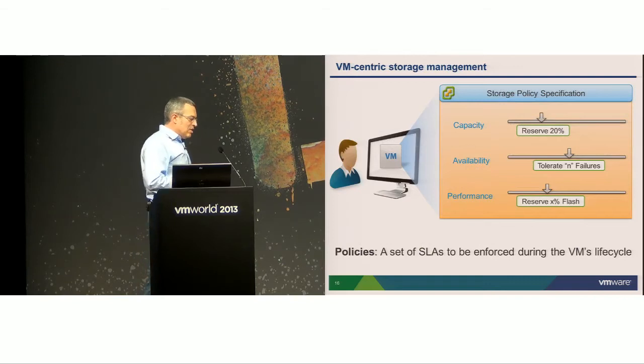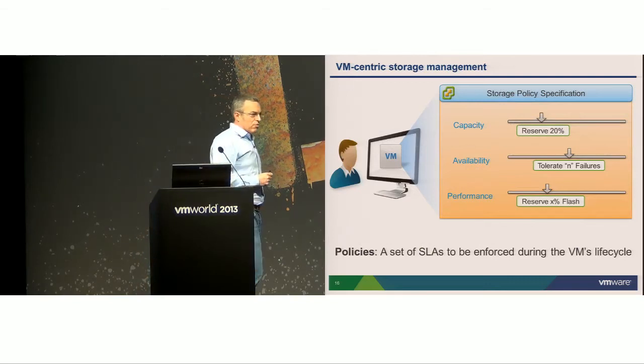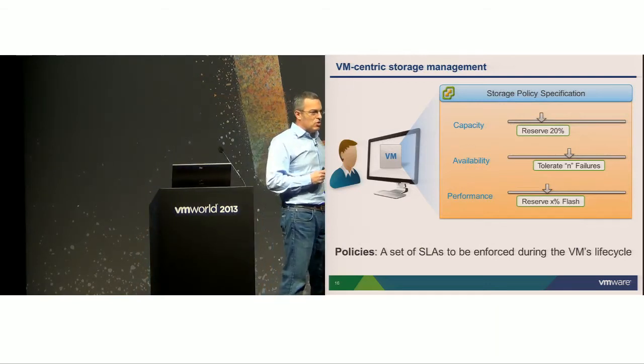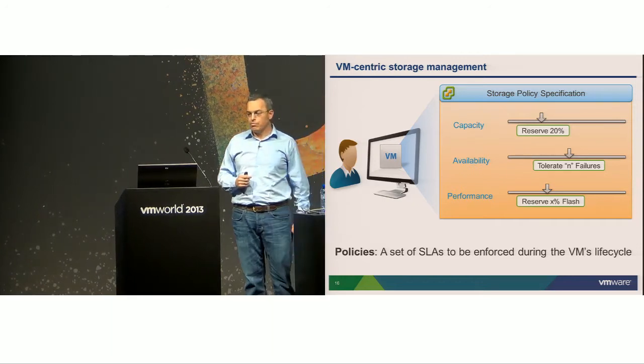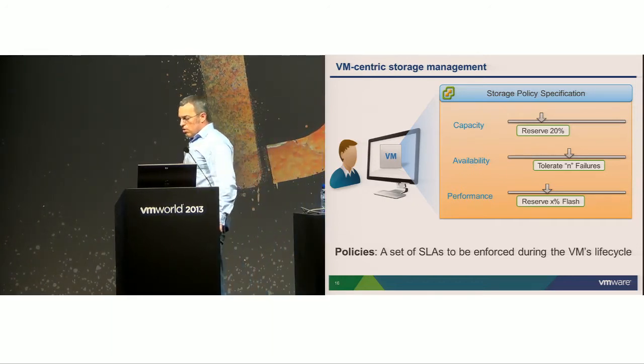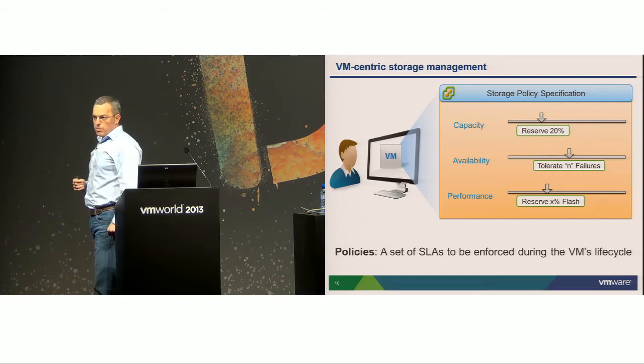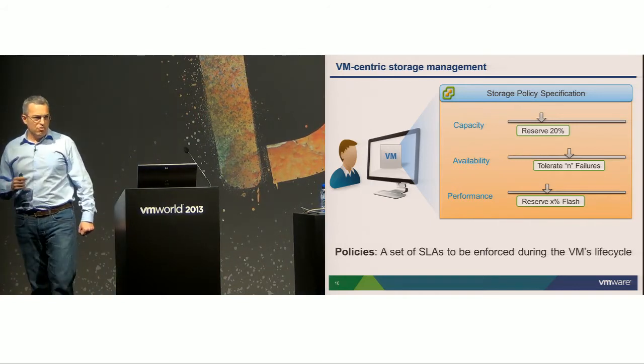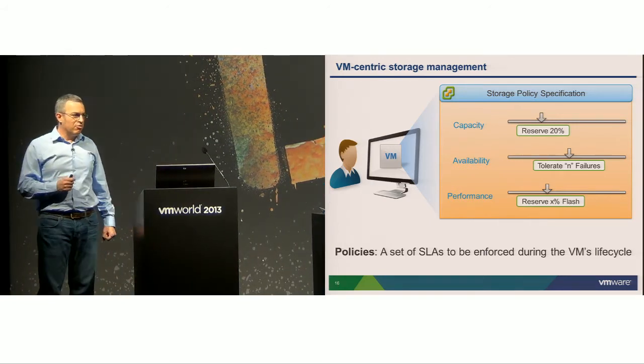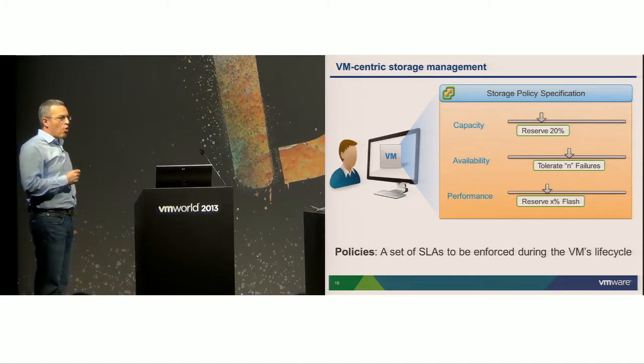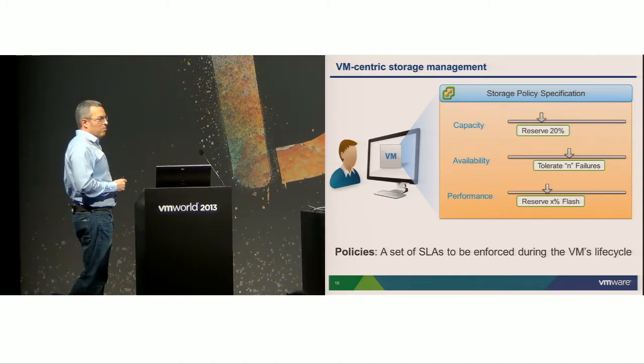So let's see now how we provision virtual machines on this new type of storage, on vSAN. When the user creates a VM, when they provision a VM, they specify a set of policies for this specific VM.